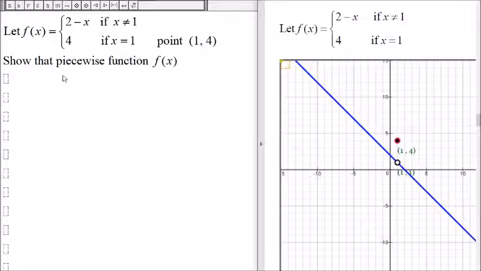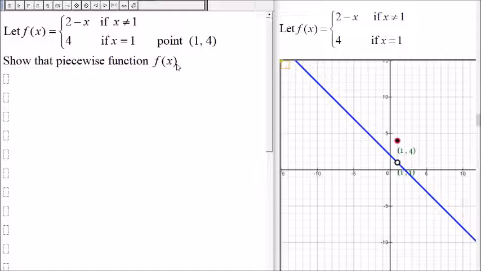And we want to show that the piecewise function is discontinuous at x equal to 1.